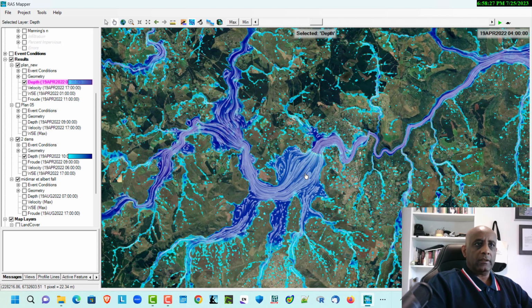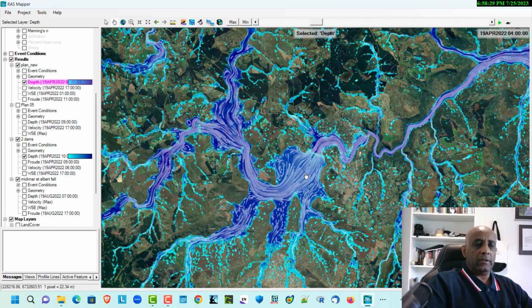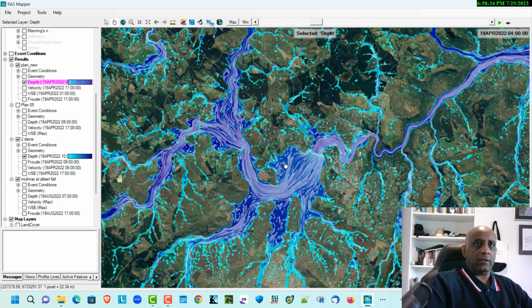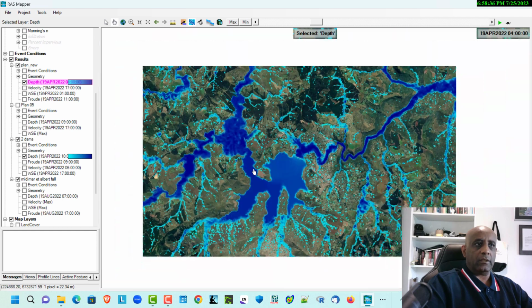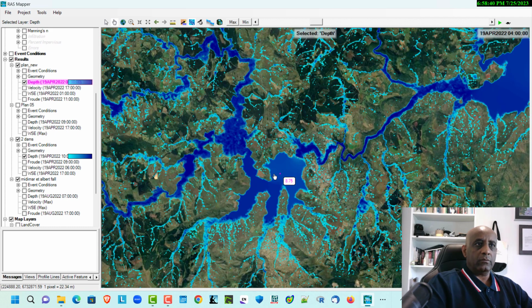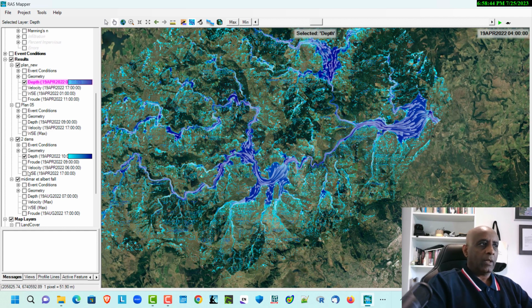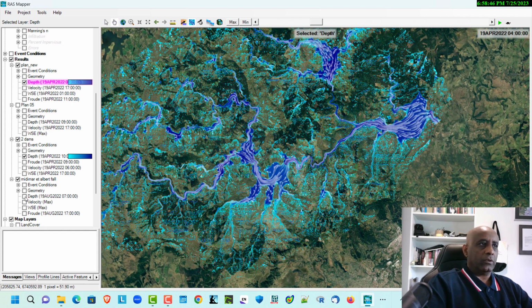But after I put the dam, I saw some kind of effect and a reduction of flow. See, this is one flow without the presence of the dam, but this one is considering the dam.